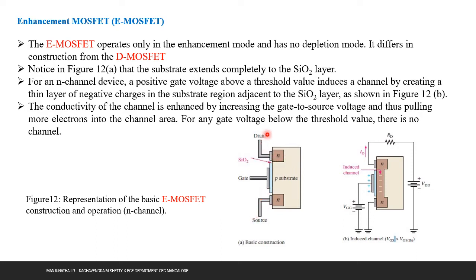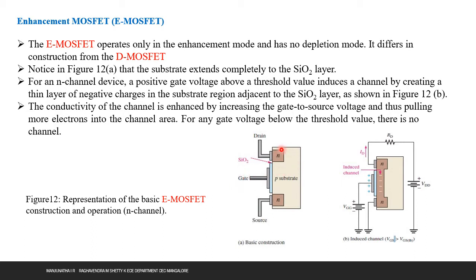the first thing that we should observe is that there is a drain, source and gate. At the gate, there is a polycrystalline layer or silicon dioxide layer, which exists at the side of the gate.